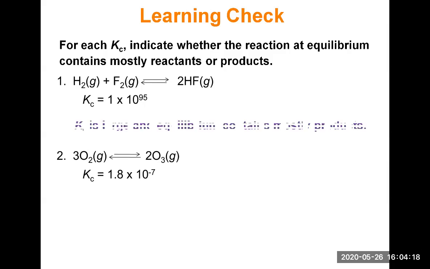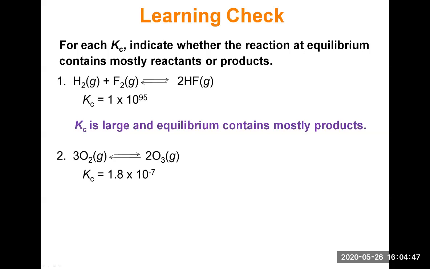That means the equilibrium contains mostly product and lies to the right. And honestly, this is not really called an equilibrium at that point. To be truthful, it's more like a complete reaction with only an arrow going from left to right.